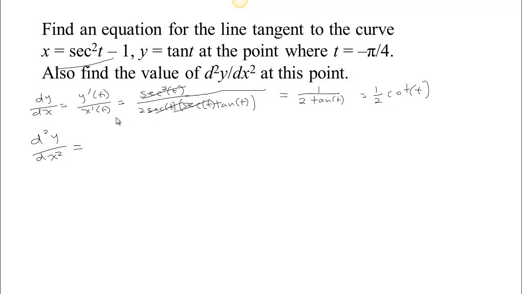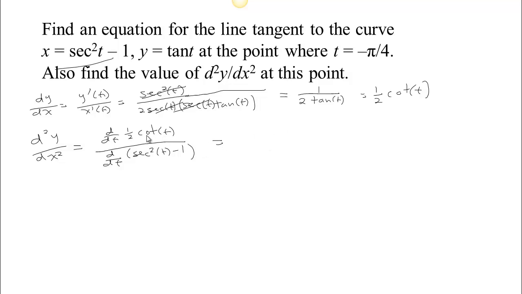So we find the derivative with respect to t of 1/2 cotan t, and we divide by the derivative with respect to t of x. It's just the same formula applied. Instead of to this y and x, apply it to this y, which gives the slope as a function of x. So apply it to this y and that x. So the derivative with respect to t of secant squared t minus 1.